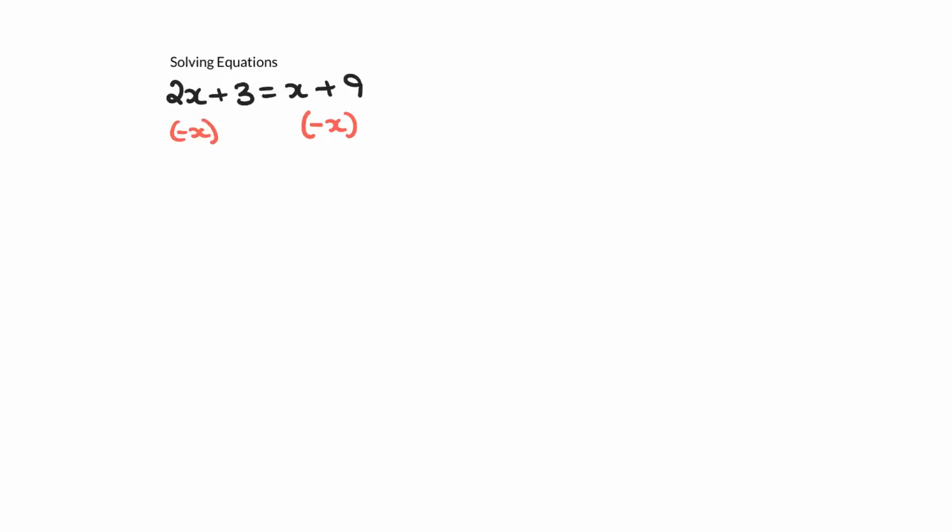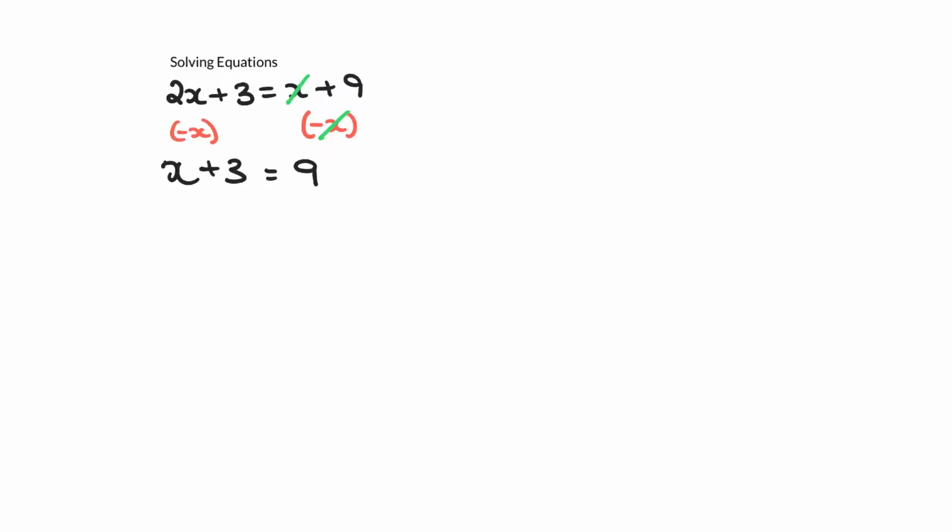So on the right-hand side, that x and the minus x are going to cancel off, leaving me with just our positive 9. Now on the left-hand side, I had two x's, I am subtracting an x, and 2x minus x leaves me with an x. 2 minus 1 leaves us with 1, so I still have an x, and I still have my plus 3.